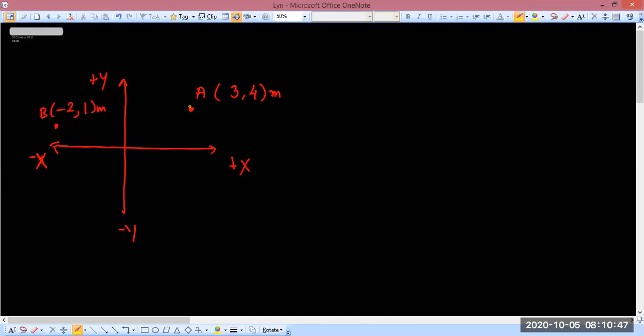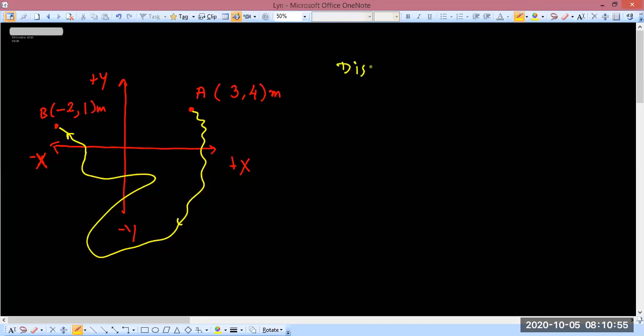You might say that some particle, maybe some ant, moves here and there, and finally goes to that point. If you want to find the displacement, remember displacement itself is a vector, so that's going to be an arrow, a vector like this. I hope you have understood that so far.